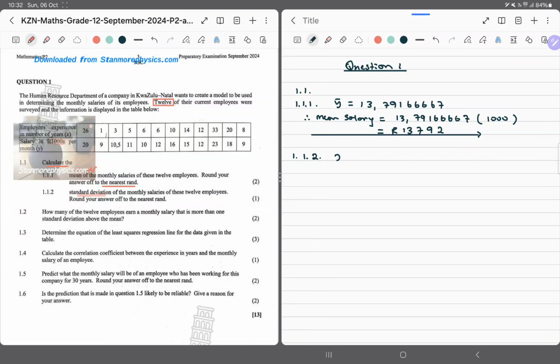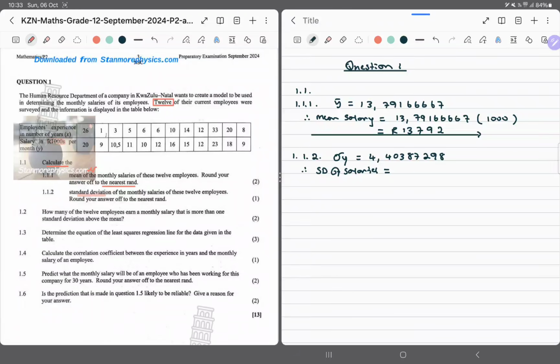So here what we want is this small letter standard deviation of y. This gives us 4,403.87298.